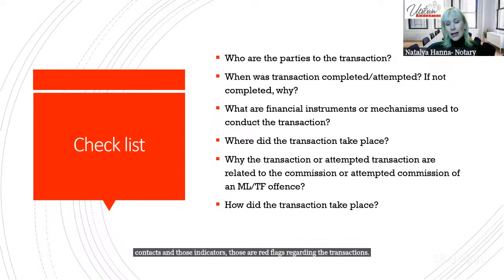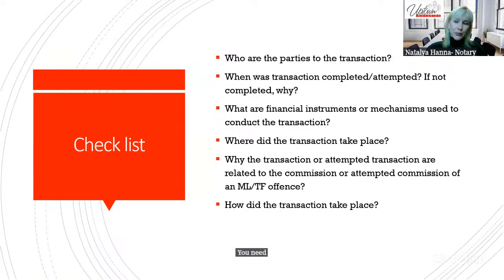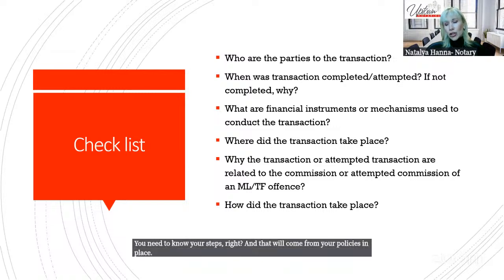What are the financial instruments or mechanisms used to conduct the transaction? So that's what you will go to your policy and risk assessment program for, because you need to know your steps, right? And that will come from your policies in place. Where did the transaction take place?